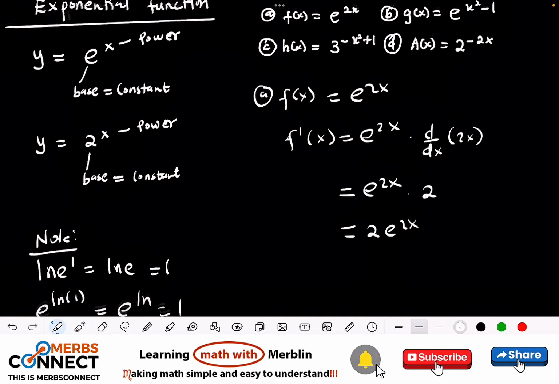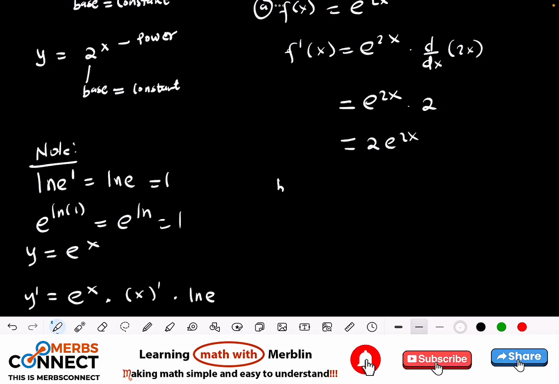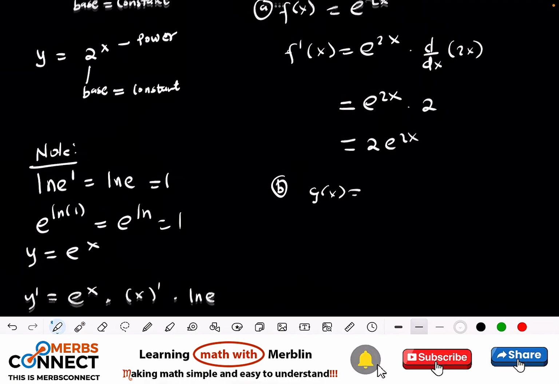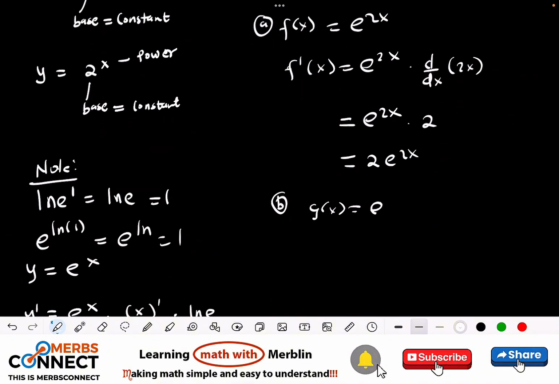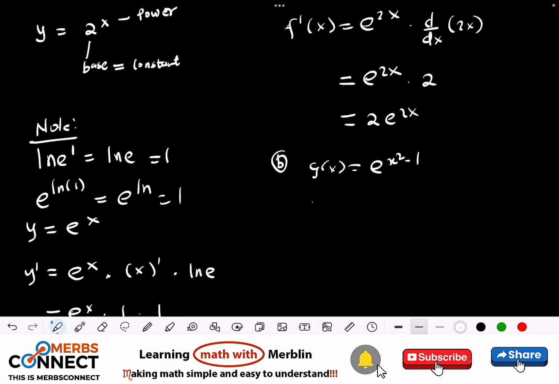But let's look at the b. B, g of x is equal to e to the power x squared minus 1, right? So now what am I going to get when I differentiate? First thing is maintain the function times, then you differentiate the exponent. What is here? So I'm going to have d over dx of x squared minus 1.